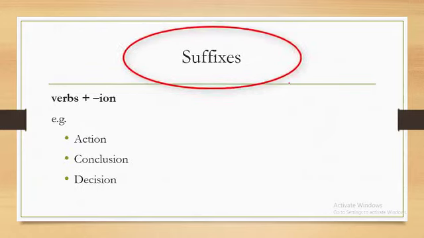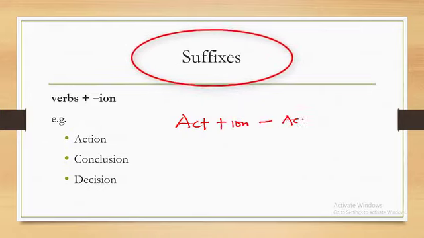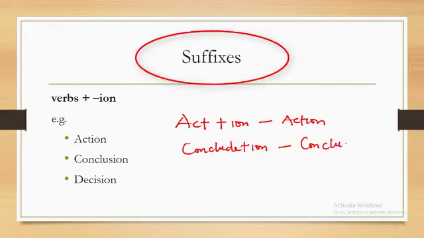So we have act plus ION becoming action. It changes both the class as well as the meaning. So we have action, we have conclude, which is the verb, plus ION becoming conclusion.